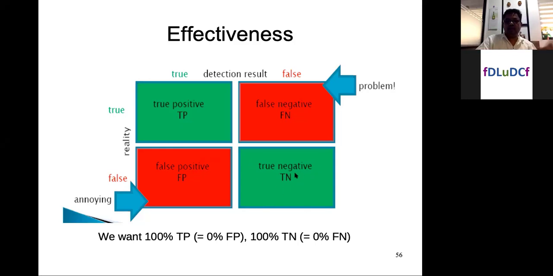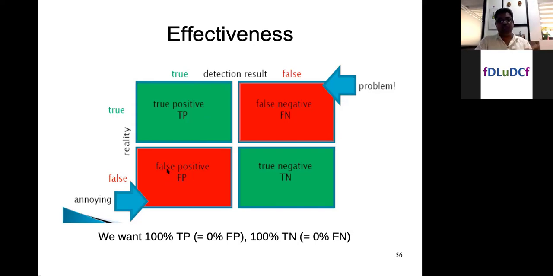Then no attacks. So this one actually true negative. That means this is attacks. So I get confused again. Sorry about it. True positive, no attacks, no alarms. Then false negative means attacks, no alarms.